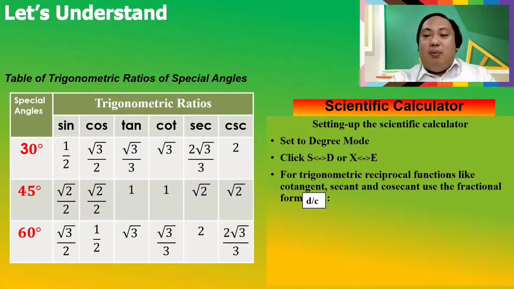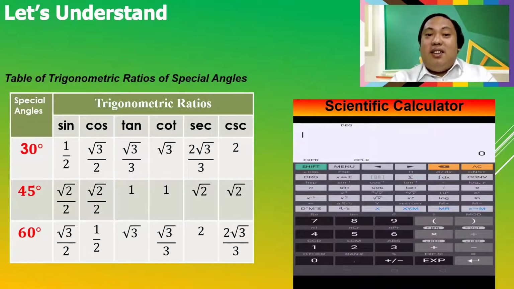For trigonometric reciprocal functions like cotangent, secant, and cosecant, use the fractional form B over C. Because we do not have reciprocal functions like cotangent, secant, and cosecant in our calculator. So for cotangent, you are going to have 1 over tangent. For secant, you have 1 over cosine and for cosecant, 1 over sine in your calculator.